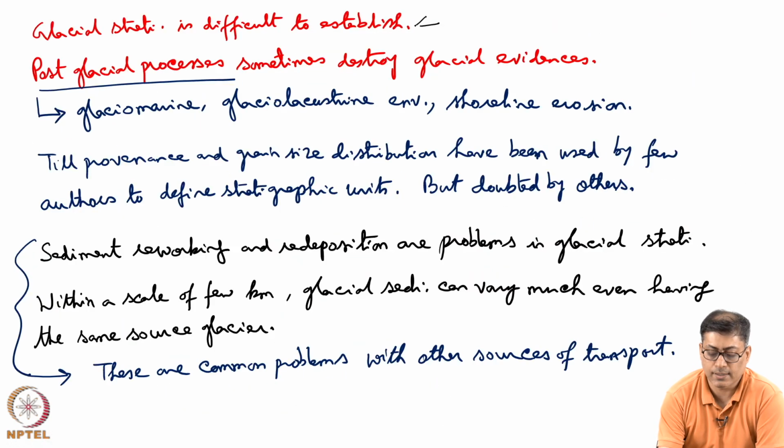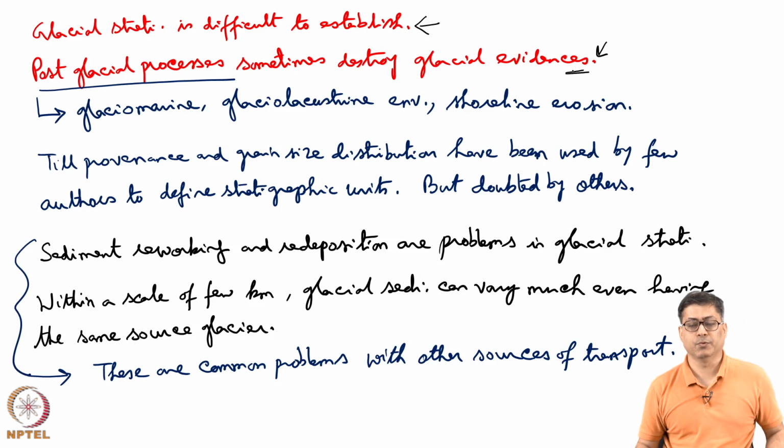Overall, glacial stratigraphy is difficult to establish. Post-glacial processes sometimes destroy the glacial evidences. This is one of the reasons, but post-depositional processes destroying the original deposition of the sediments are common, not just in glacial but in other environments.